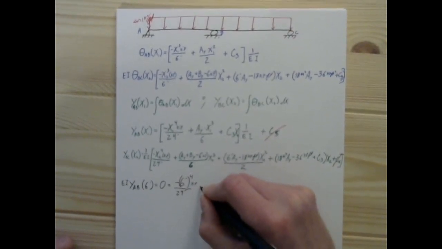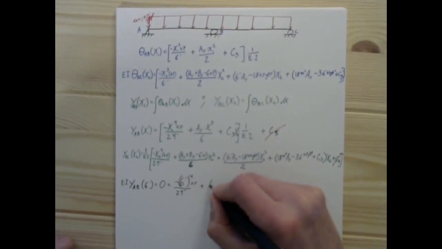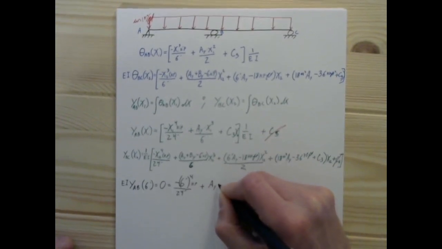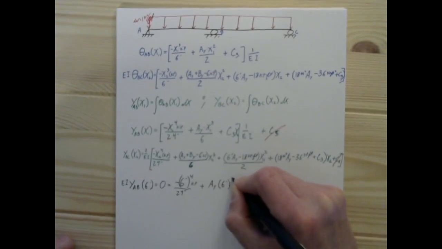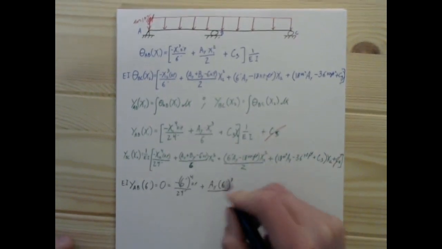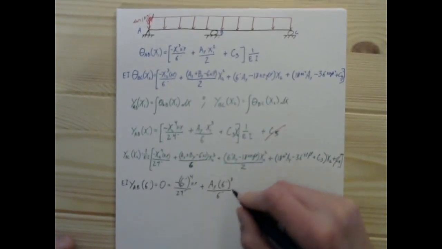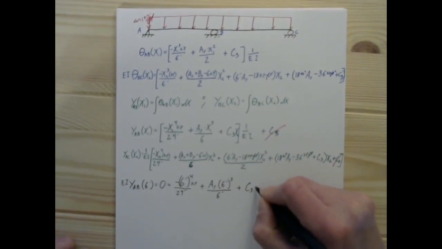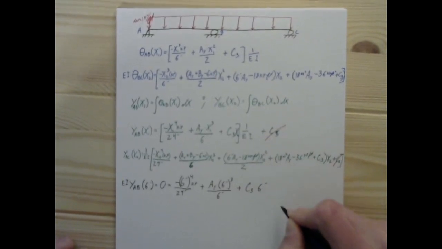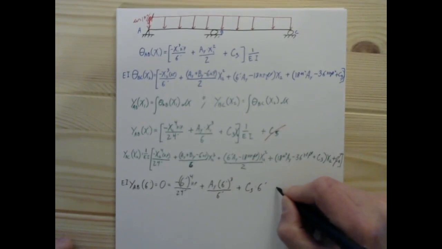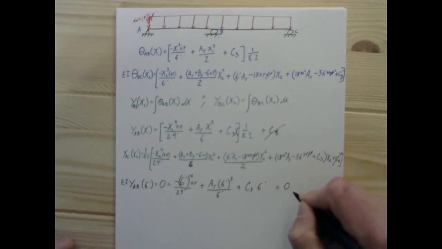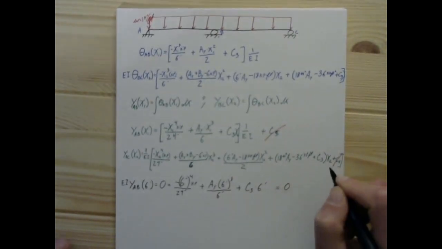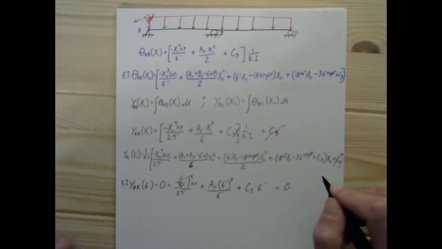Let's not forget that. Plus AY, still don't know what that is, times 6 feet cubed, divided by 6. Plus some constant of integration C3 times 6 feet. And that's got to equal 0.